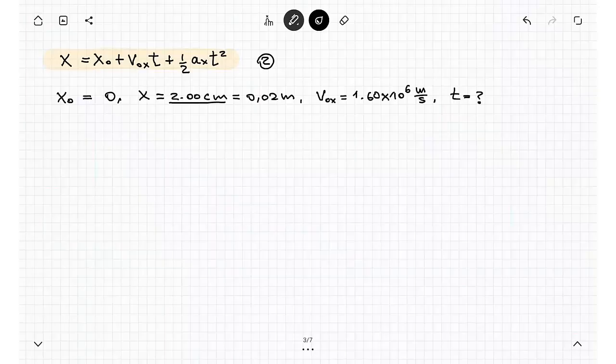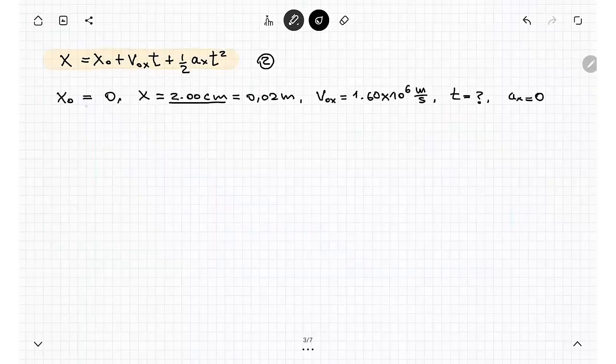Along the y-axis, the situation is different, but we will talk about it later. So the acceleration along the x-axis is equal to 0 as well, because the motion is constant along the x-axis. It's the same speed all the time. So the acceleration is equal to 0.